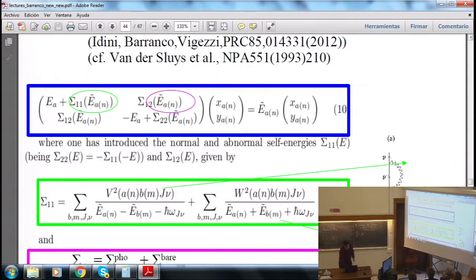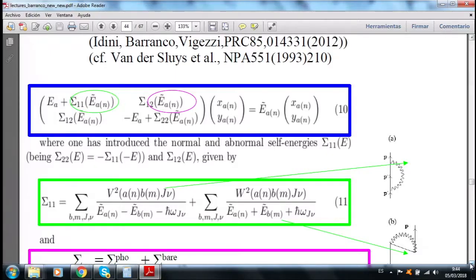Okay, and finally, this large equation of 6 by 6 can be put in a compact way through the method by Bloch-Horowitz, just projecting on the quasi-particle components, the large and the small quasi-particle components.